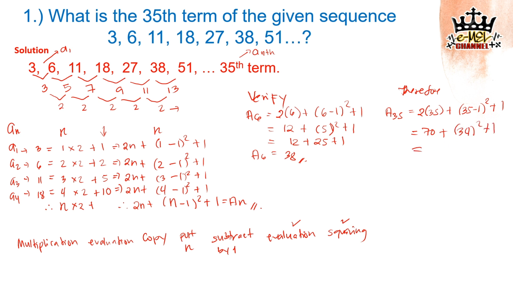Using your calculator, 34 squared is 1156, plus 1. Okay, count it as ones. Okay, the answer is 1227. So this is how you solve a problem using the multiplication concept.